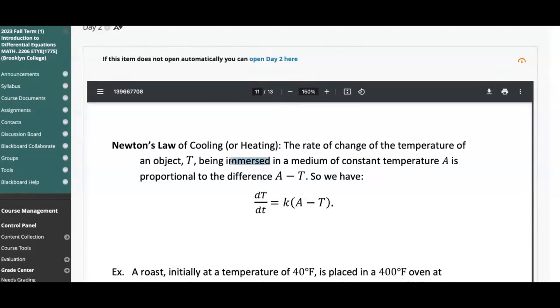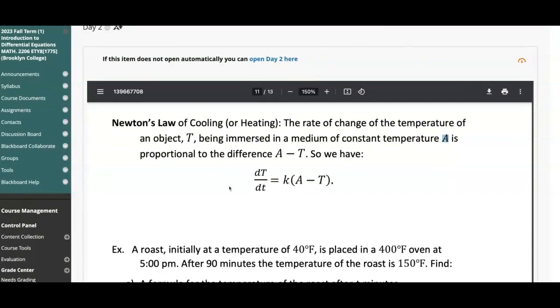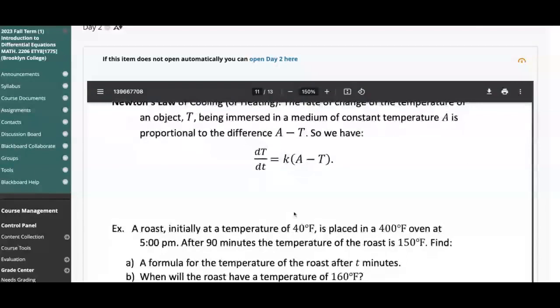So this is just being immersed in a medium of constant temperature A. Proportional means we have a scalar, so dT over dt equals this proportionality constant times A minus T.